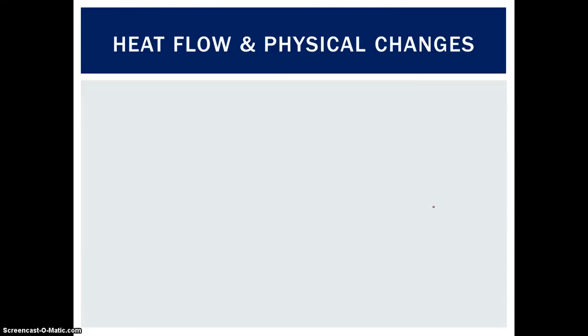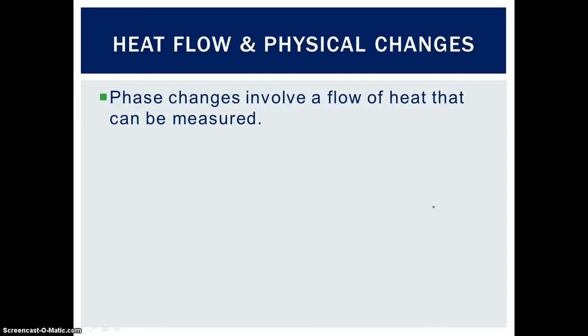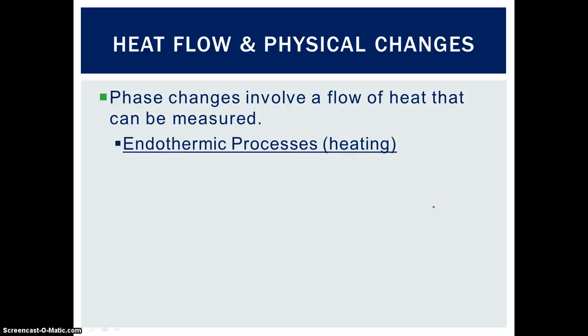So first, let's talk about just some basic heat flow and physical changes. Phase changes involve a flow of heat that can be, it should more say calculated than measured. An endothermic process, just like an endothermic reaction, is a heating, adding of heat type process.